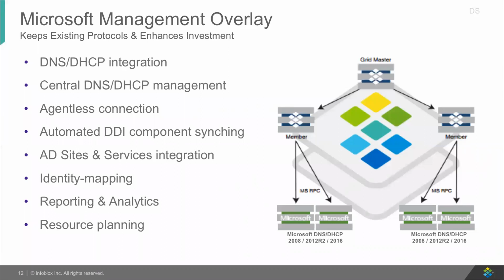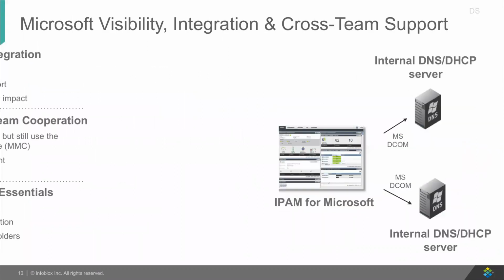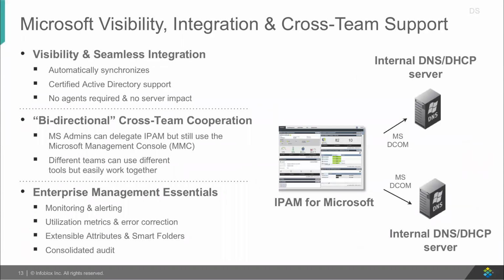So now you'll see network users in our UI, and it's not just a matter of, hey, which IP address is on this particular network. You're seeing the actual user, and we keep track of that. Of course, all of these things, even though it's Microsoft DNS and DHCP instead of Infoblox, is still available in our reports. And then obviously, because our reports can have a lot of predictive analytics, you can do resource planning.